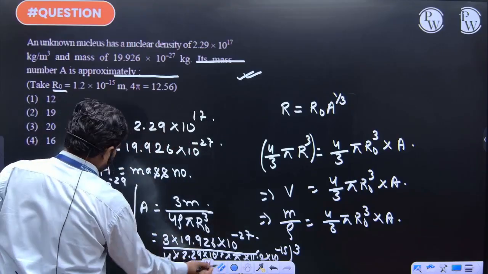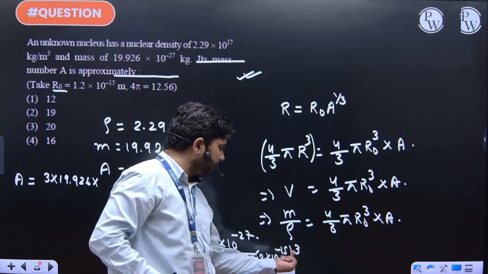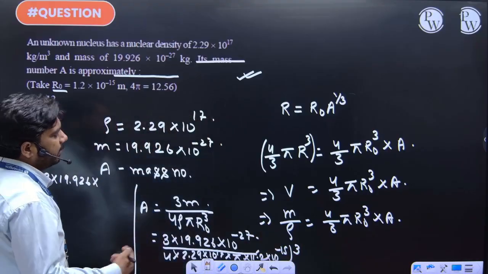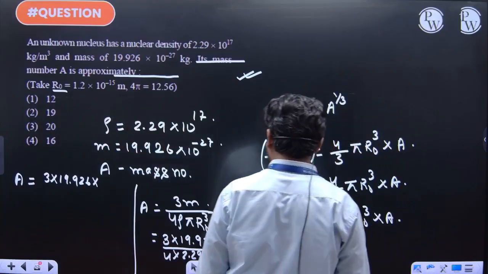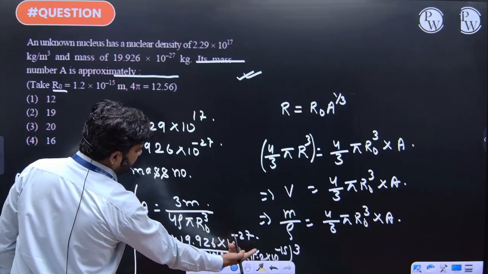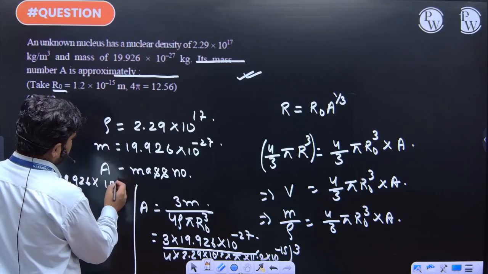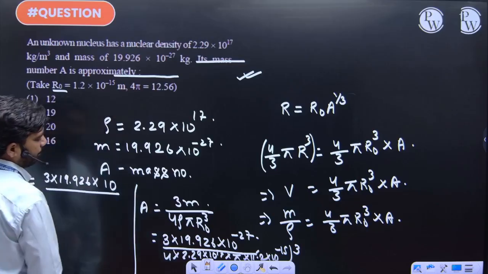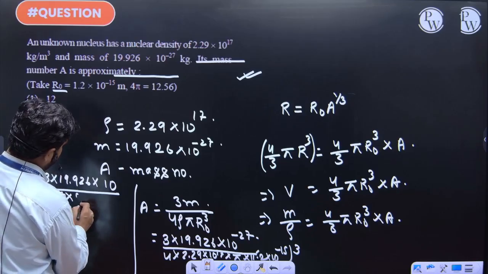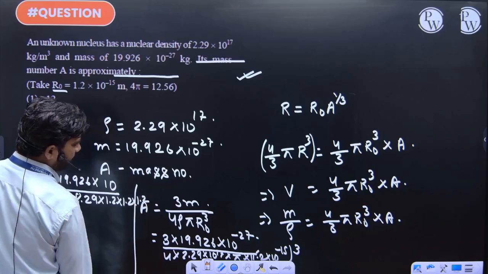So cube is minus 15 cubed is minus 45, 45 minus 17 is 28, so it is 10 to the power minus 28, and it will become plus, so 10 to the power, divided by 4 pi into 2.29 into 1.2 into 1.2 into 1.2, right?